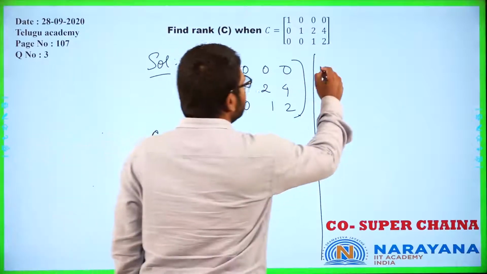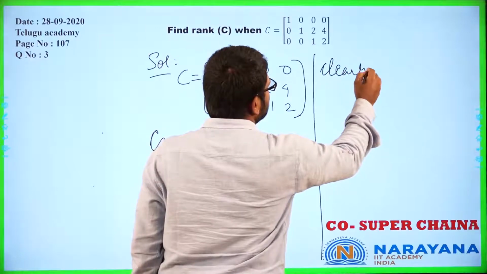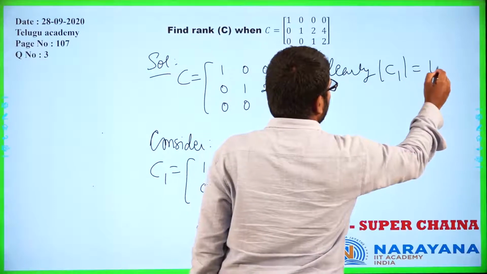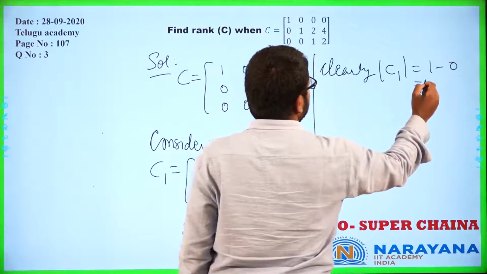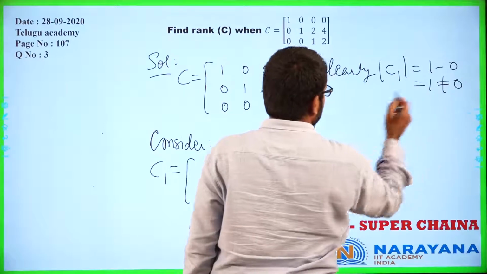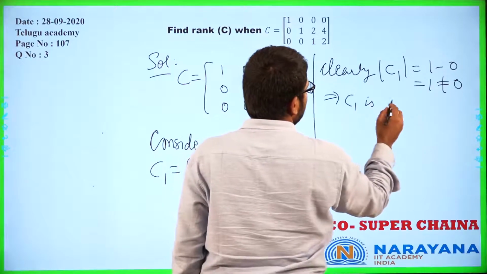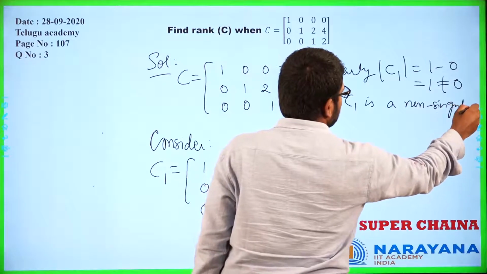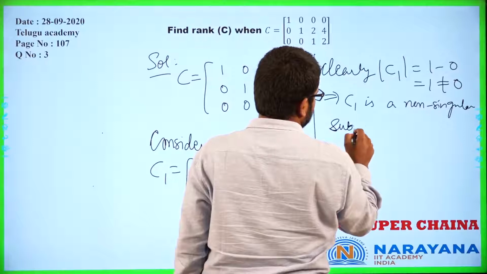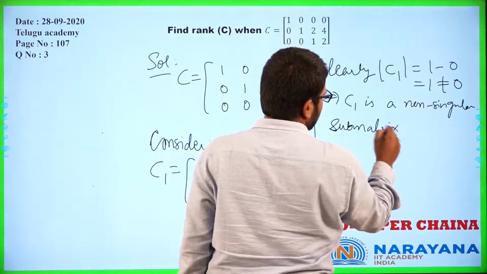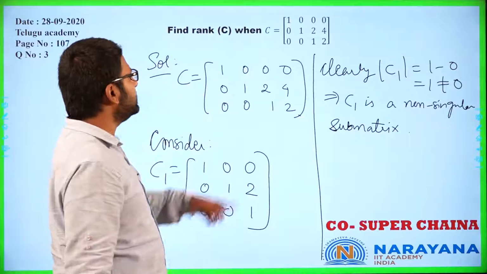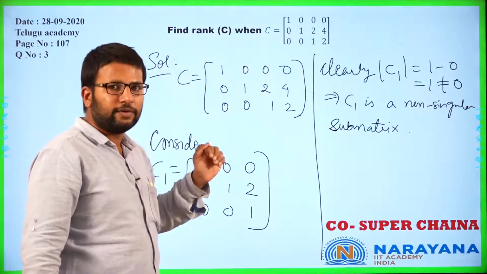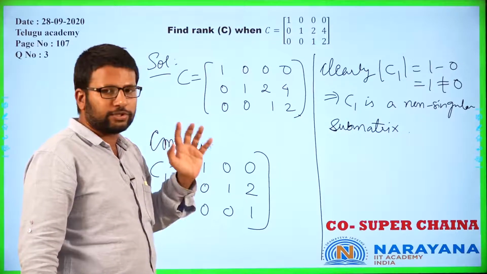So clearly mod C1 equal to 1 minus 0 equal to 1, which is not 0, which means C1 is a non-singular submatrix, right? And anyway, just by looking at it, we can say rank of C cannot be more than 3, because it has only 3 rows.